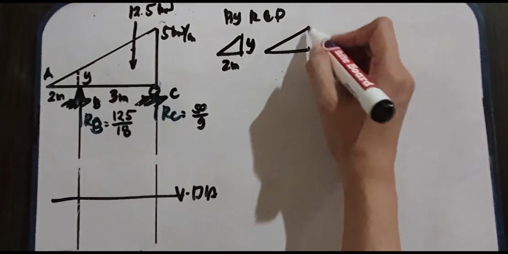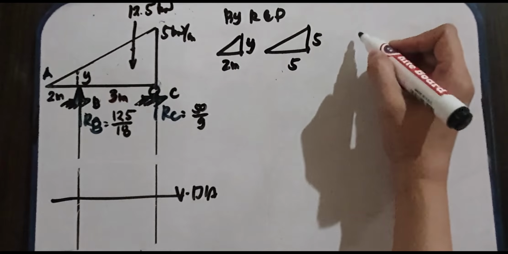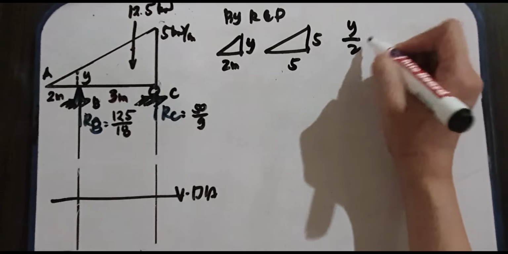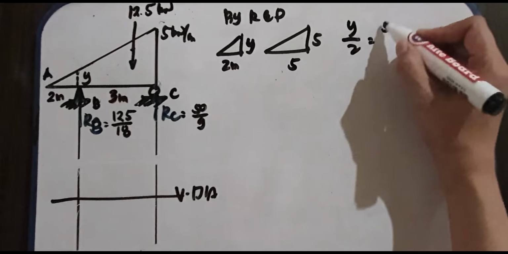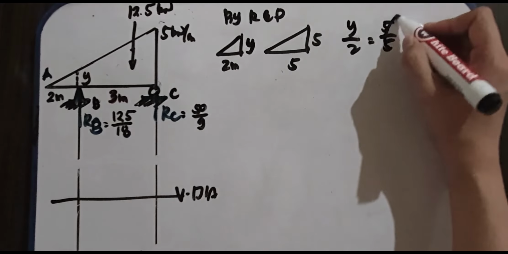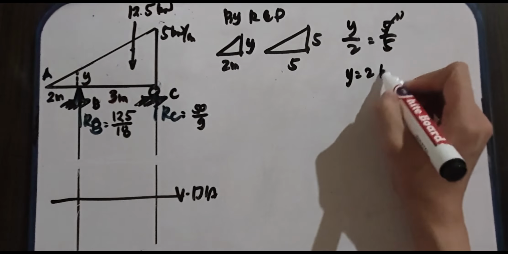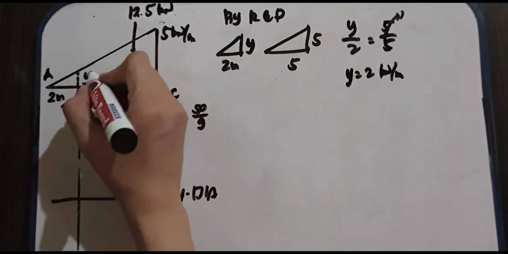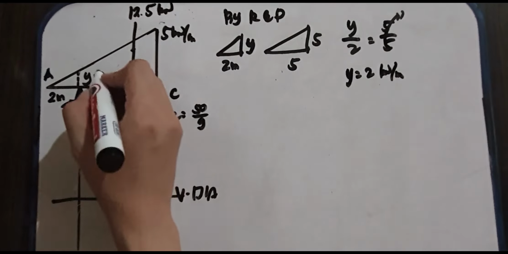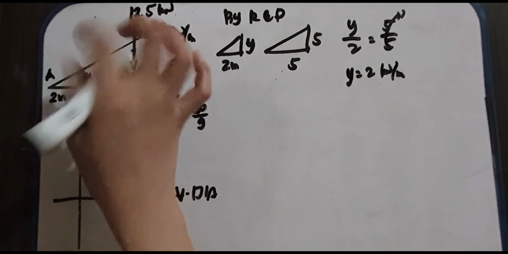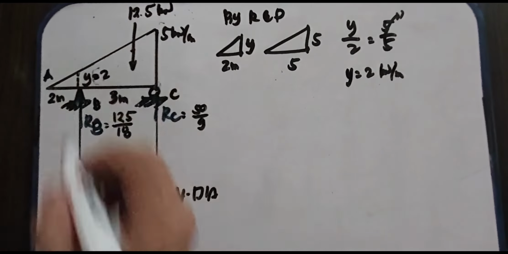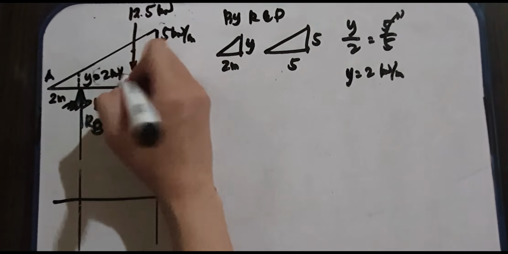How about the big triangle? We have 5 and 5. By ratio and proportion, Y over 2 is equal to 5 over 5. So, this is 1, and Y is equal to 2 kilonewton per meter. Let's put 2 here. I can put it here or up there, it depends.